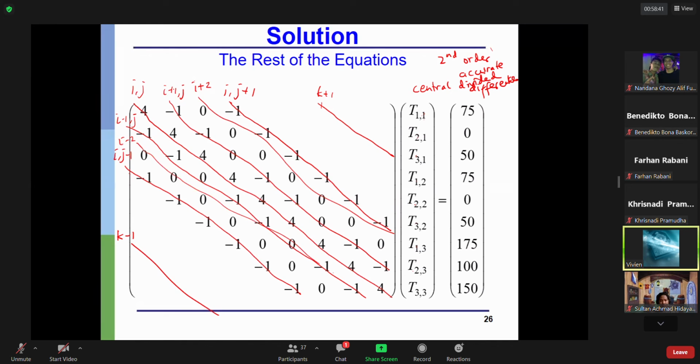So it means that when we change the scheme in the discretization, we change the coefficient matrix. So we see what constructs the coefficient matrix, the matrix A.